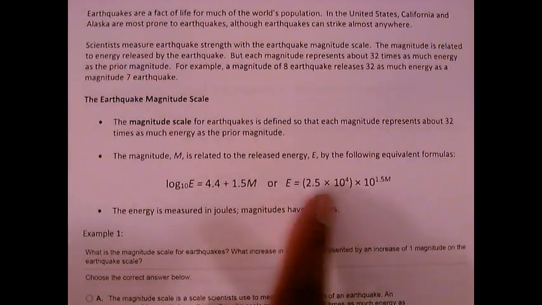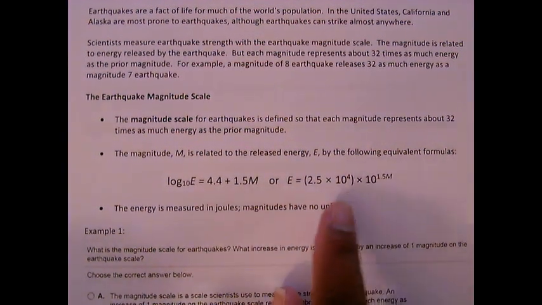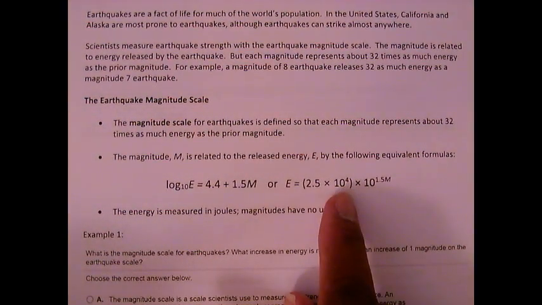Log to the base 10 of E is equal to 4.4 plus 1.5 multiplied by M. Or, this can be converted to this one: E equals 2.5 times 10 to the 4th multiplied by 10 raised to the 1.5 M. Now, the latter formula, which is what E is equal to, is the one we'll be using in our examples.